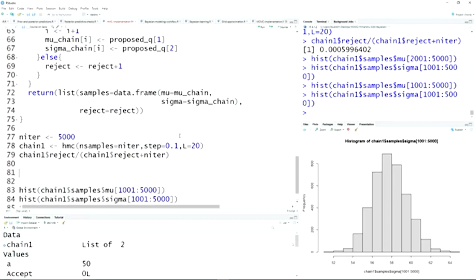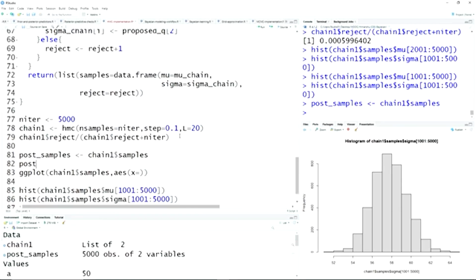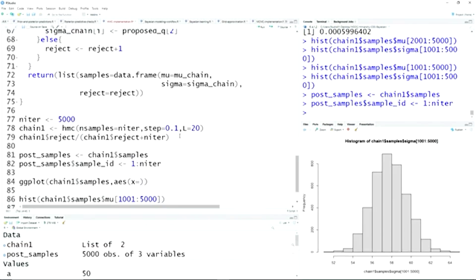I think we would want to visualize the sampler. So I should use ggplot, chain 1 samples, aesthetic: sample ID 1, 2 and iter. Can also store step size.